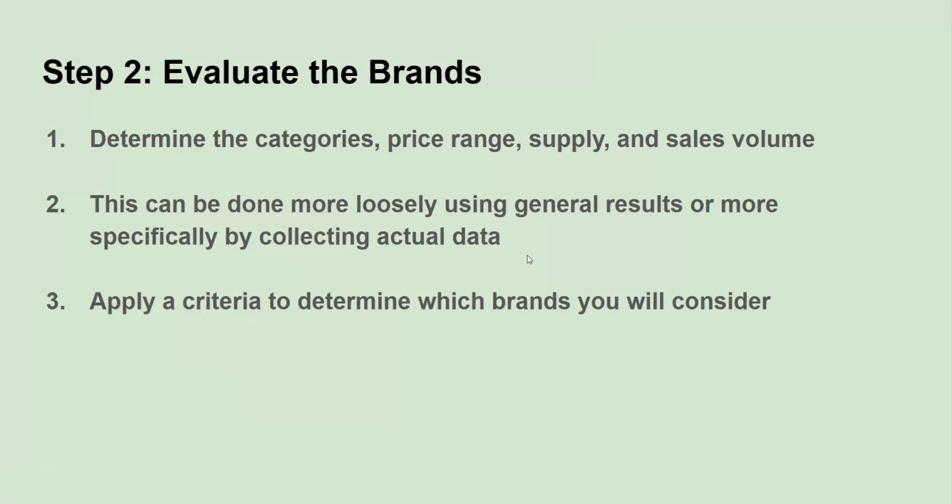But right now, to keep it general, we're just going to apply criteria based on these different factors and determine which brands you're actually going to consider. Because remember, you don't want to jump right into sourcing something because it takes time to source. So you want to check some of these factors first before you decide to start spending the time sourcing products.